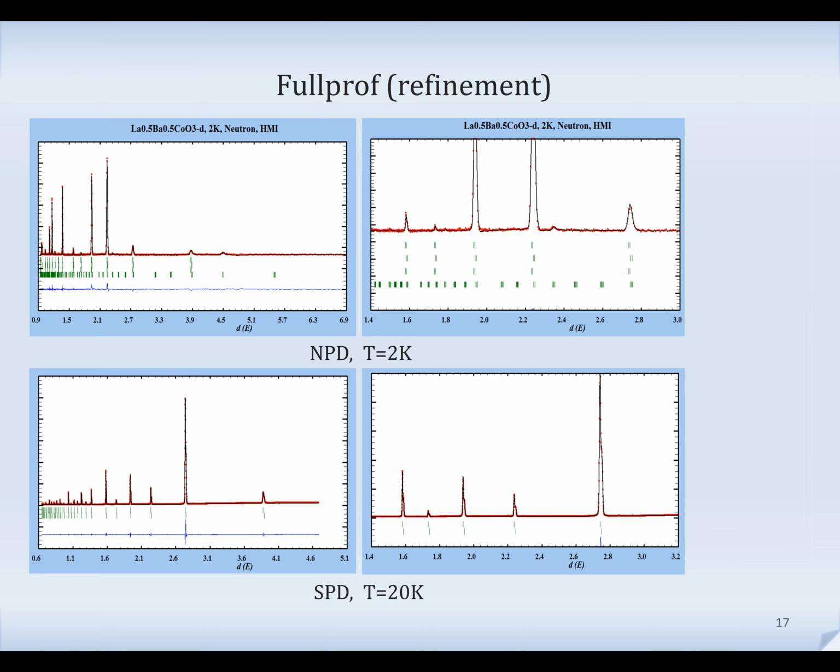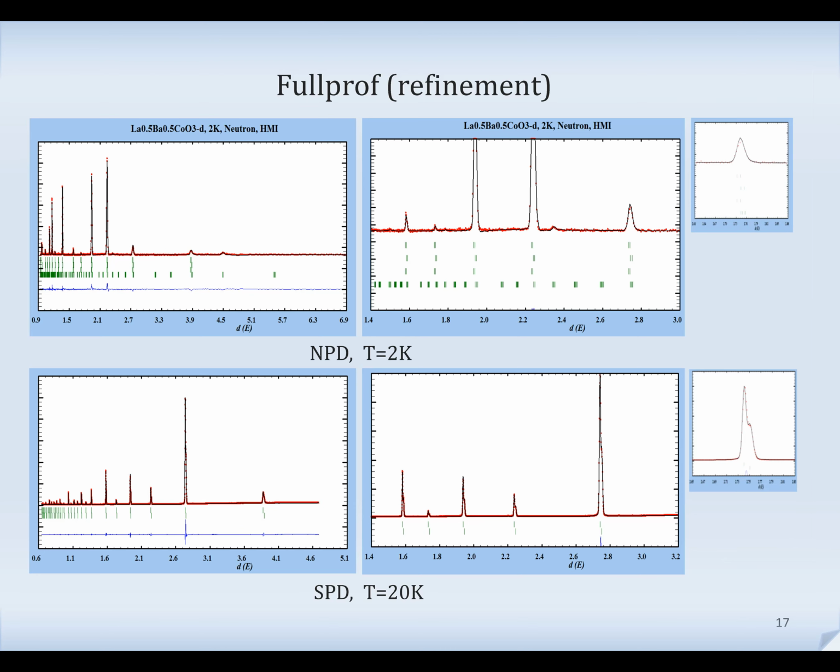But in d geometry, it's quite easy to compare, and you can see that, say, the most intense peak for synchrotron radiation is at 2.7 angstroms. Here it's not so intense because of different scattering. And for neutrons you have some extra reflections. You don't have them here at 4.5, nothing for synchrotron, but for neutrons we have them because of magnetic scattering.